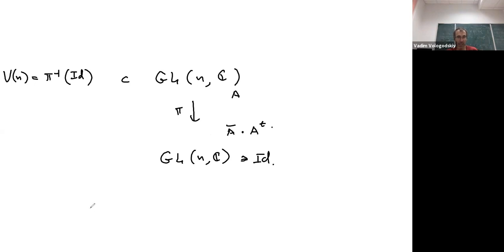So let's look at these matrices. What happens if I take this matrix, take its conjugate, and then I transpose it? Then what I get is A transpose, because transposition is an anti-involution, so I get the original matrix.